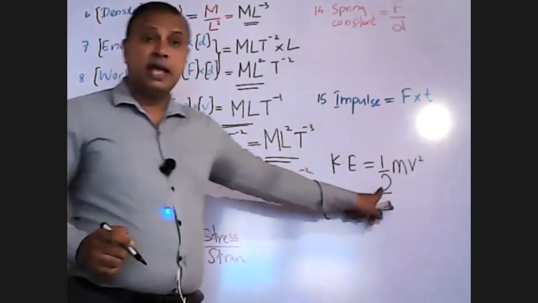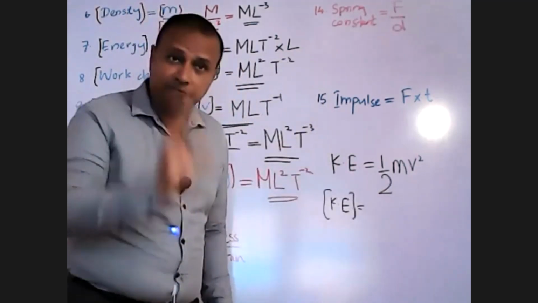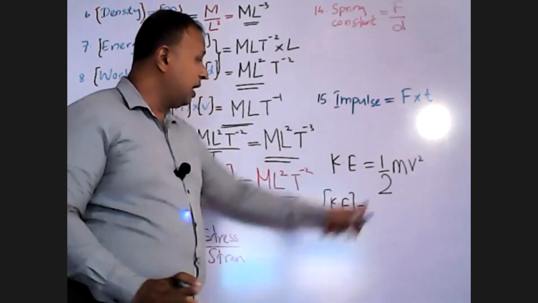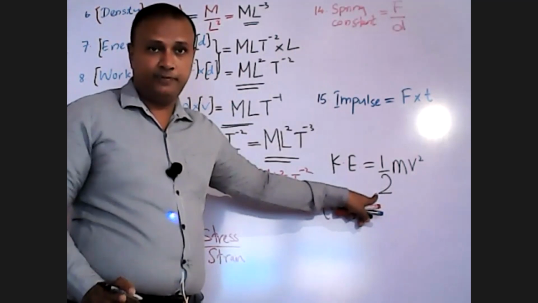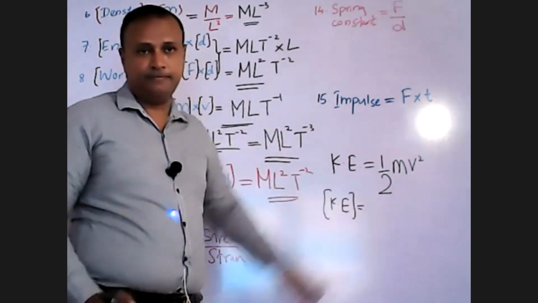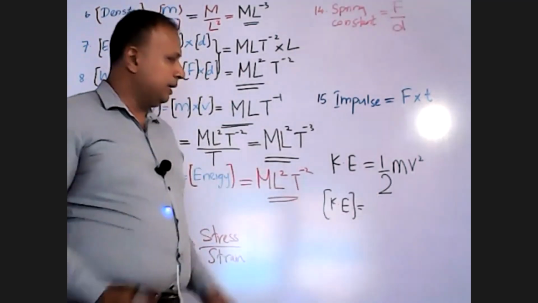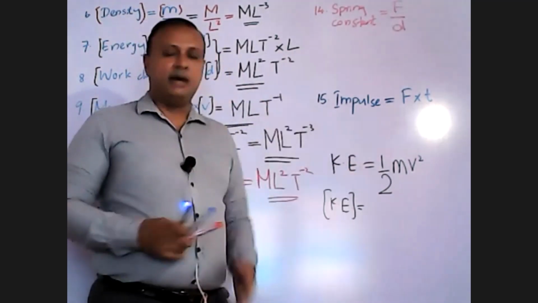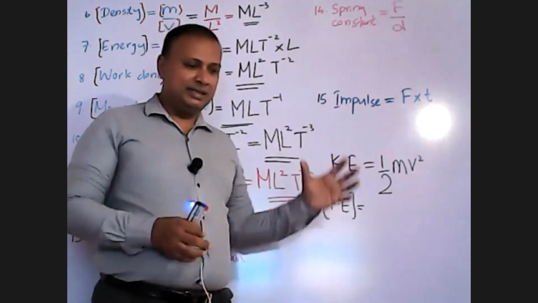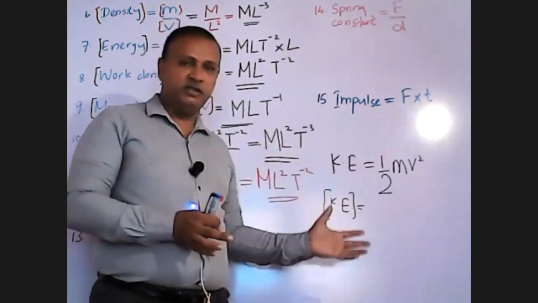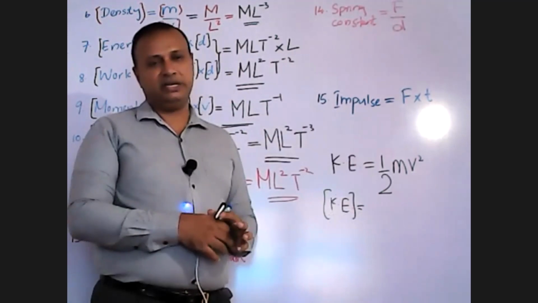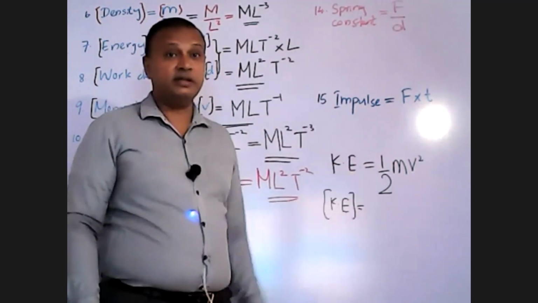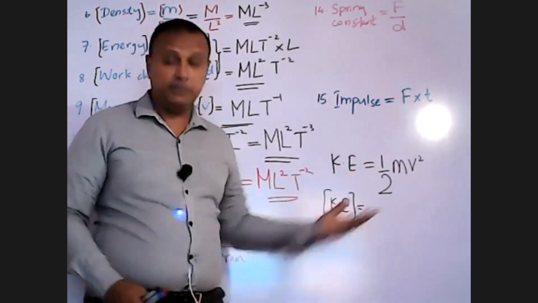Half is only a number, so it doesn't have a dimension. Dimension means it is a relationship between a derived physical quantity and basic physical quantities. So half is not a physical quantity, so half doesn't have a dimension.